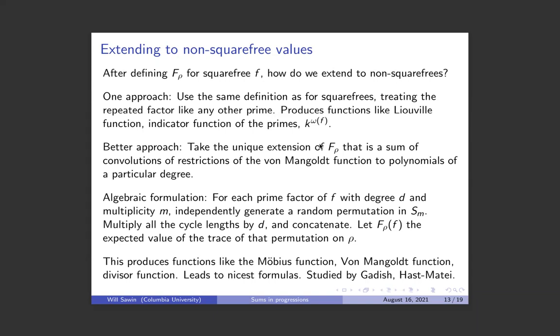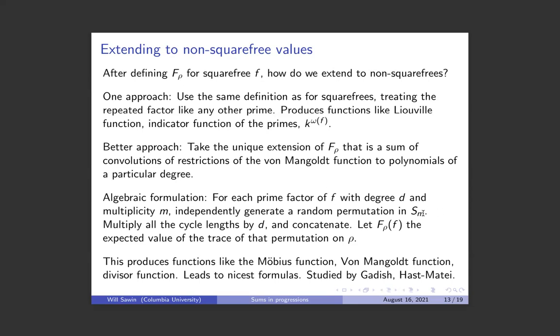And there's a nice algebraic formula for this, or probabilistic, which is you take each of your prime factors that occur with some degree d and some multiplicity m, and you generate a random permutation in Sm. So if multiplicity is 1, we're not doing anything, it's just a trivial permutation. For the higher multiplicity, we're generating some kind of interesting random permutation, and we want these to all be independent.